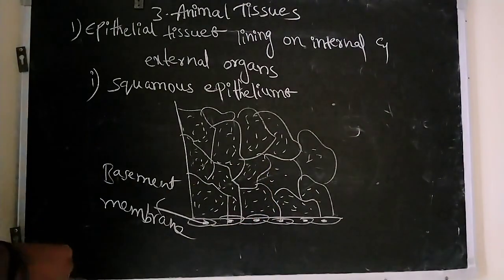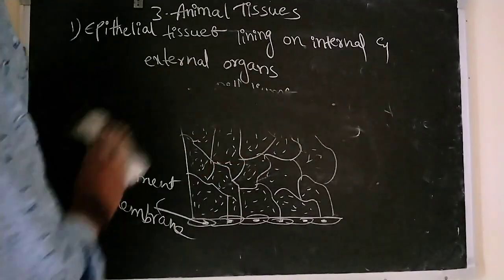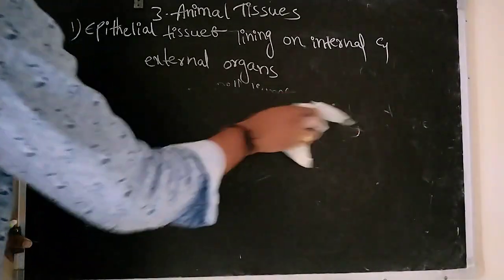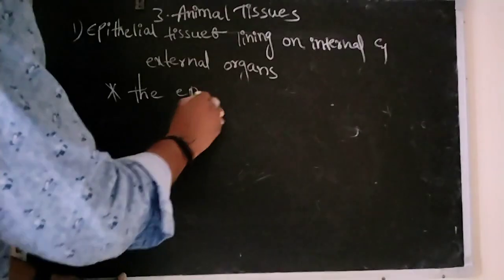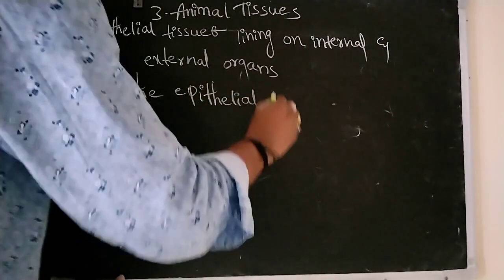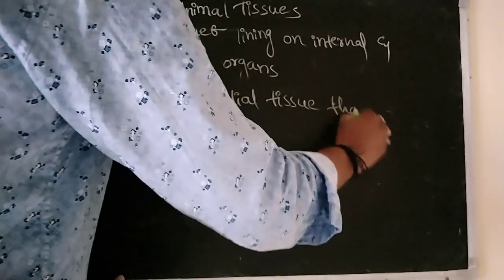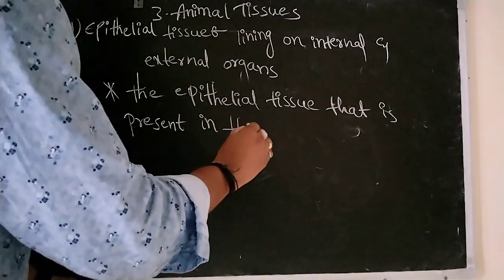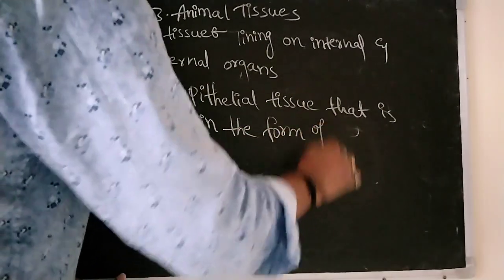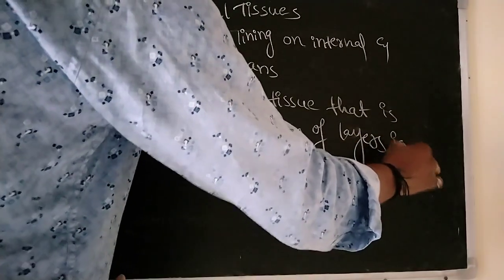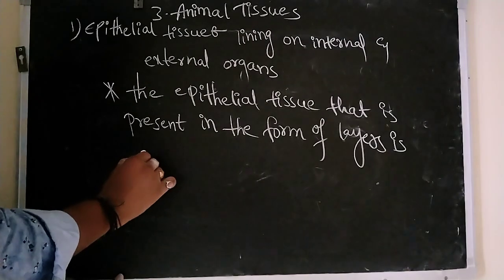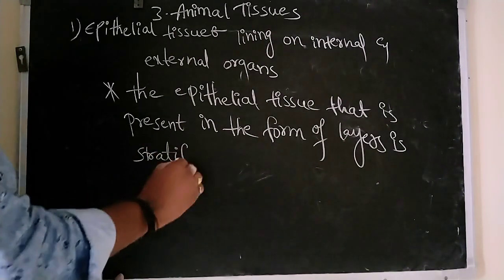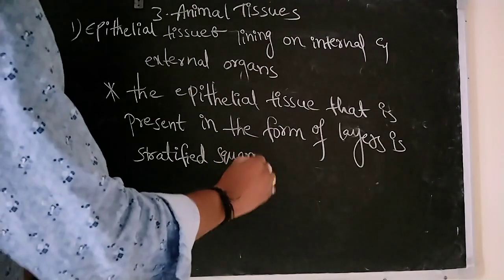Next one, the epithelial tissue that is present in the form of layers is called stratified squamous epithelial tissue.